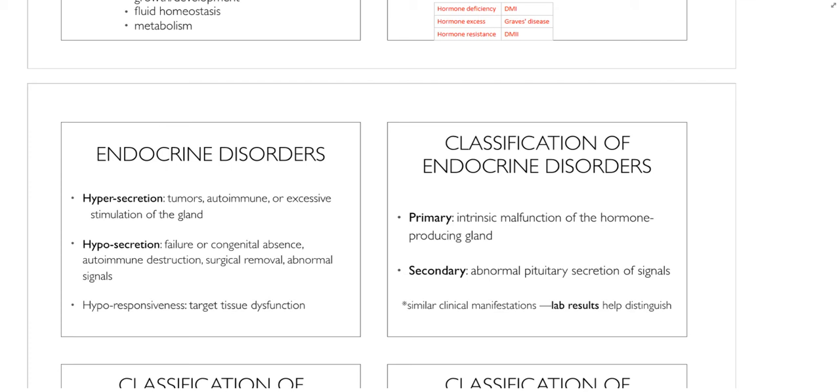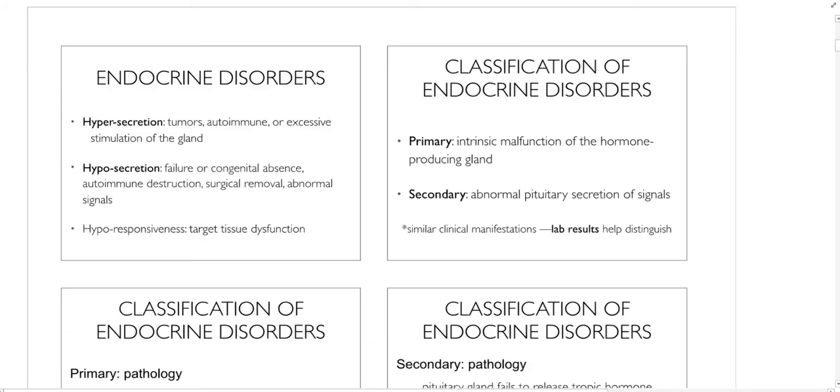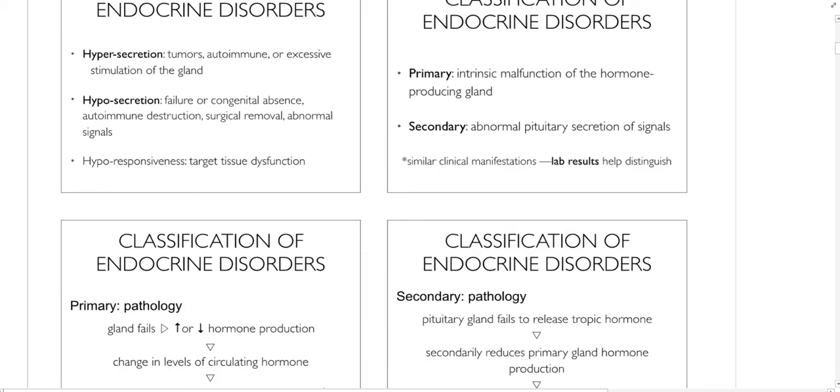gland itself. The clinical manifestations of both of these are going to look virtually identical, but which hormones associated with that gland are high will tell us whether it's an issue with the gland itself or the pituitary gland.